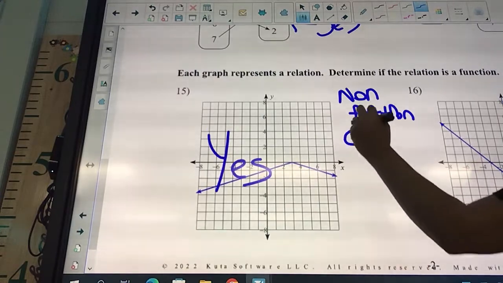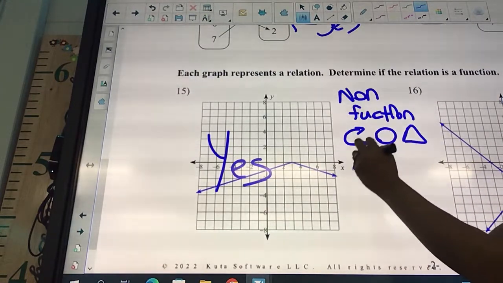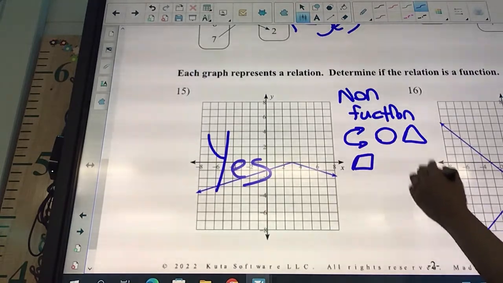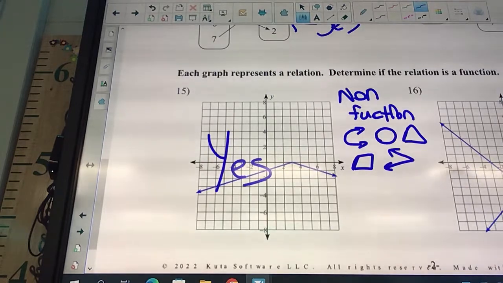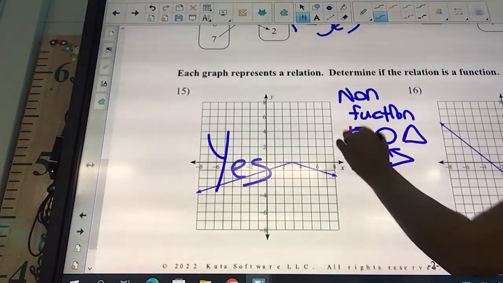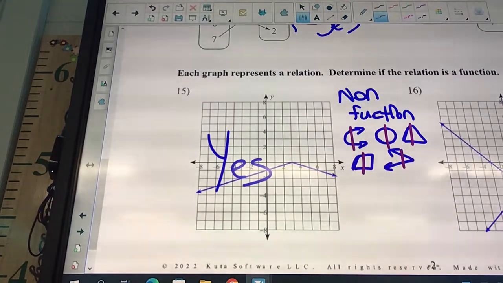If it's a circle, a triangle, a square, something like this, those are all not functions, because you could draw a line and they fail.